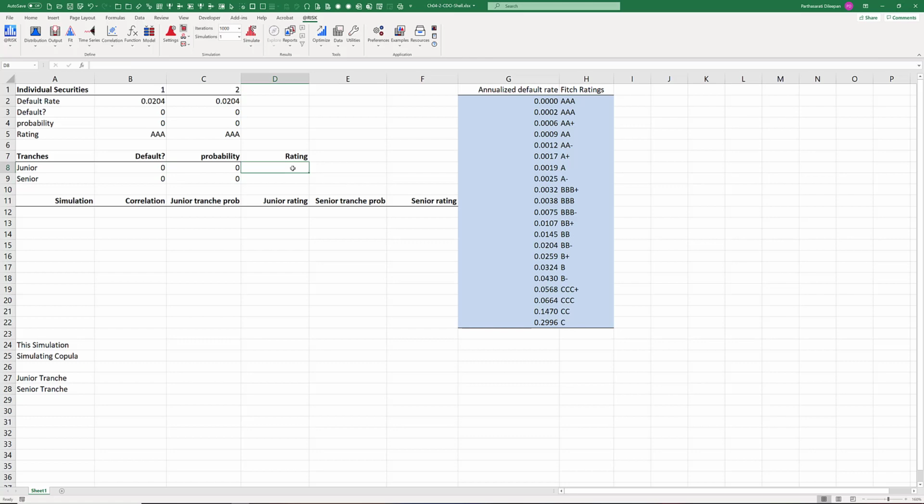Then with the VLOOKUP, with that as the lookup probability, we can see what the rating will be. So press F4, then the second column, and then true.